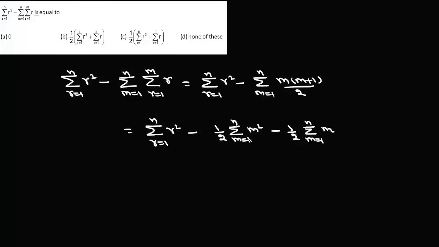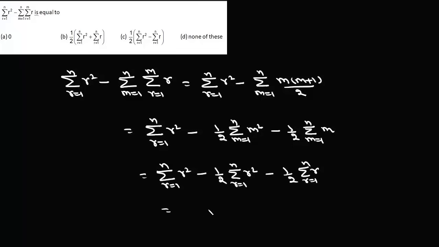Now limit of summation goes 1 to n, then this variable doesn't matter. So rather than taking it as m, we'll write it as r. So we can write simply summation r varies from 1 to n r square minus 1 by 2 summation r square r varies from 1 to n minus 1 by 2 summation r varies from 1 to n.